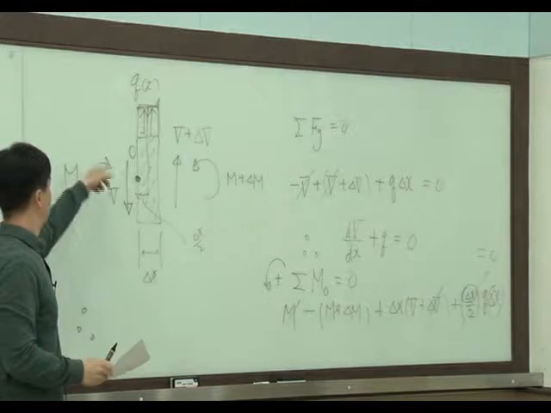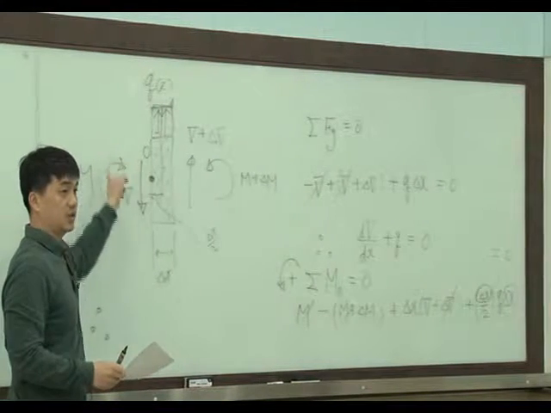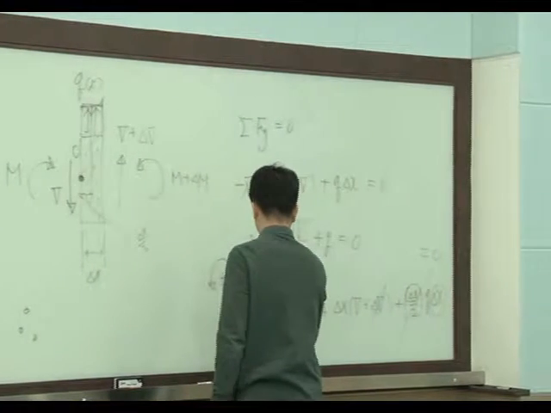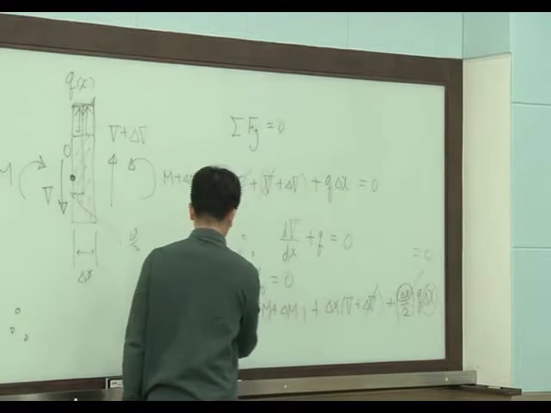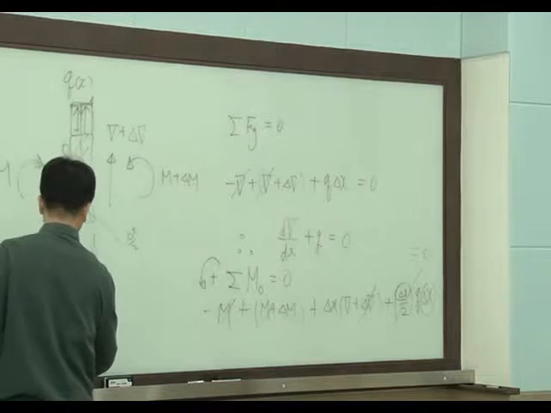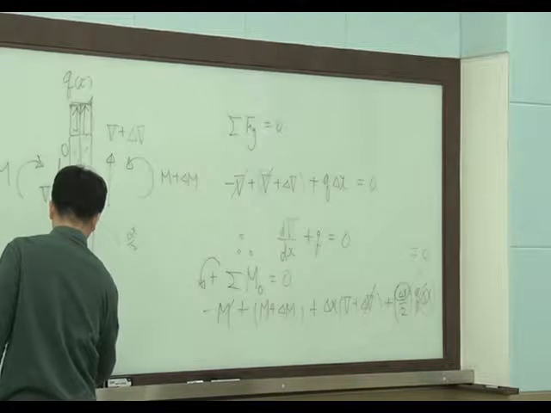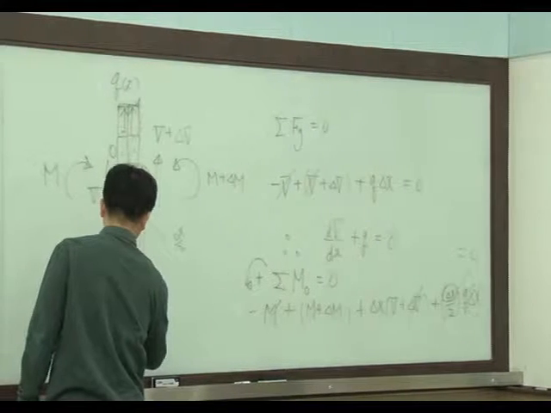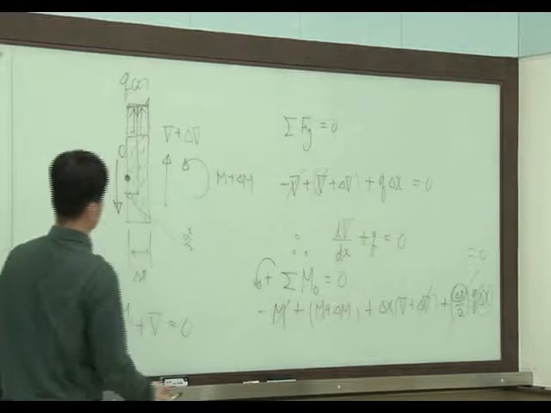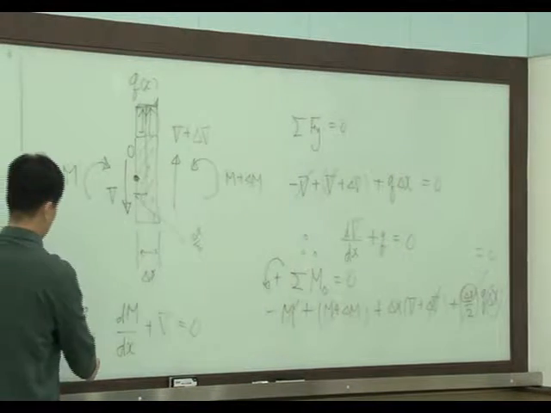So please change the sign of the moment. So then here plus minus. Okay. So then dM/dx plus V equals 0. This is the second equation.